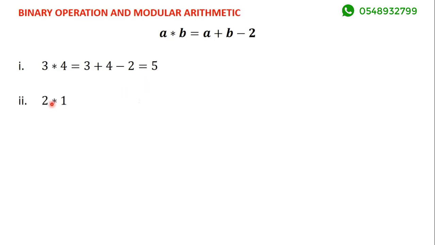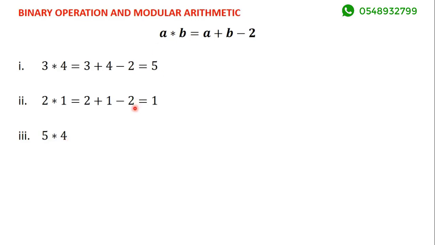The next one is 2 star 1. So 2 star 1 will be equal to the first number, which is 2, plus the second number, which is 1, minus 2. 2 plus 1 minus 2 will give us 1. The next one is 5 star 4.